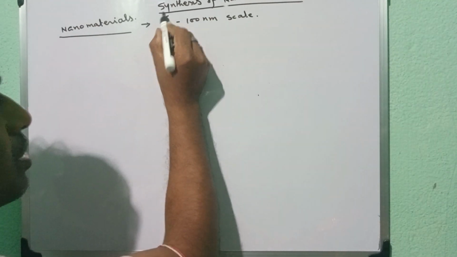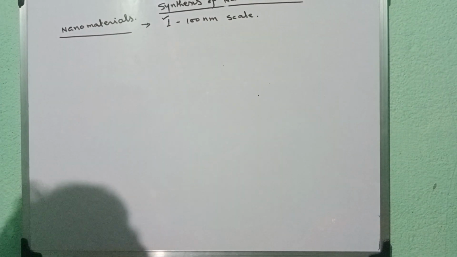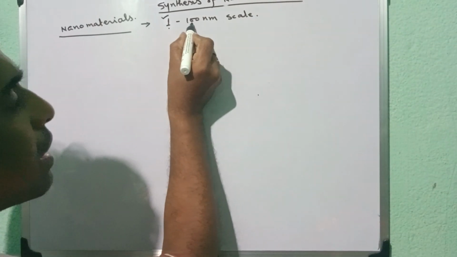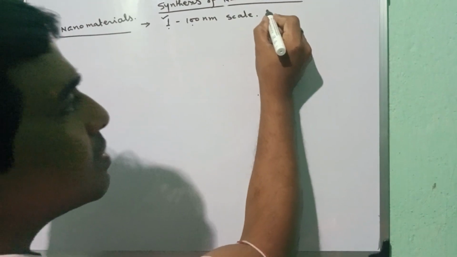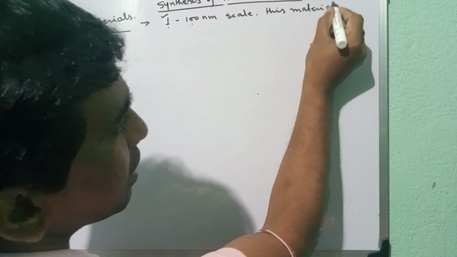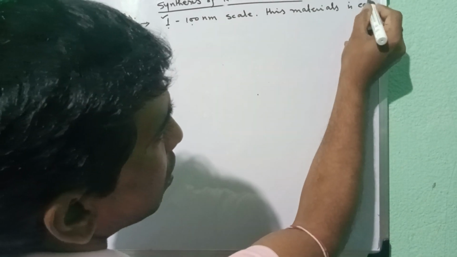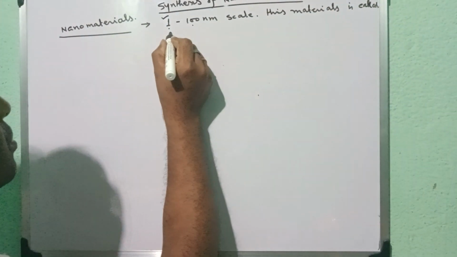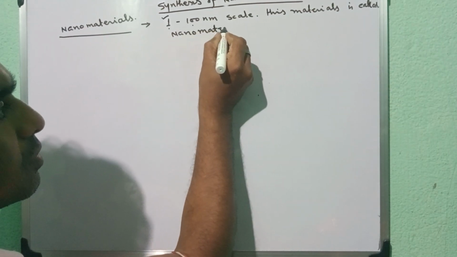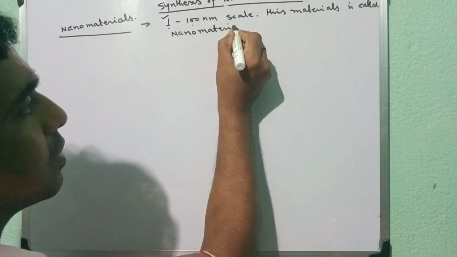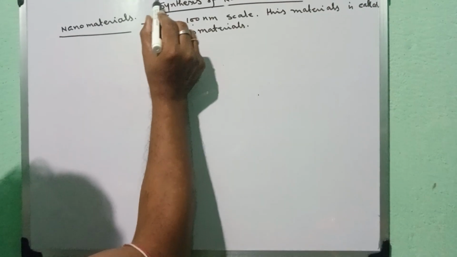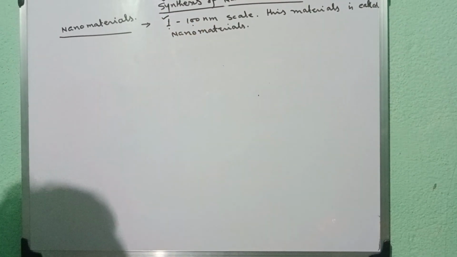So the material which has one dimension in this scale, 1 to 100 nanometers, is called nanomaterial. So today we are discussing the synthesis of nanomaterial.